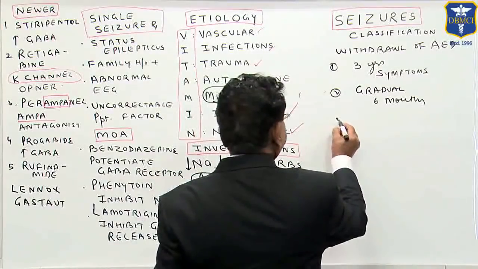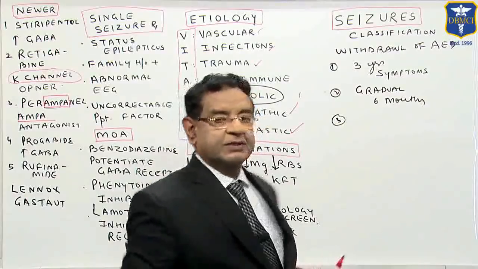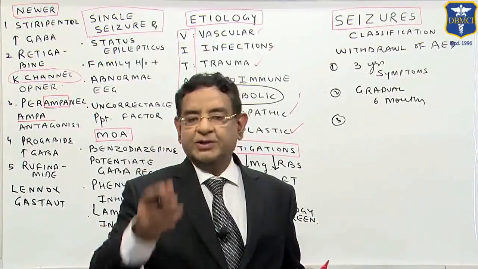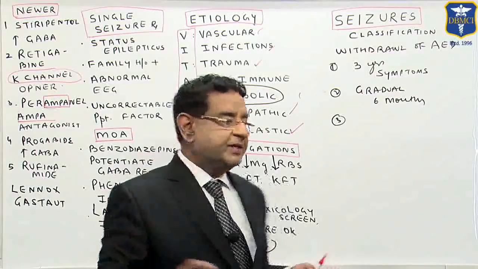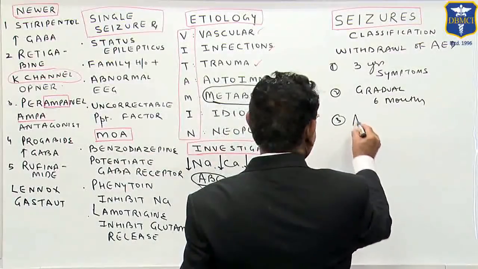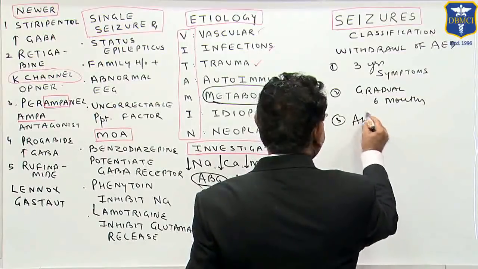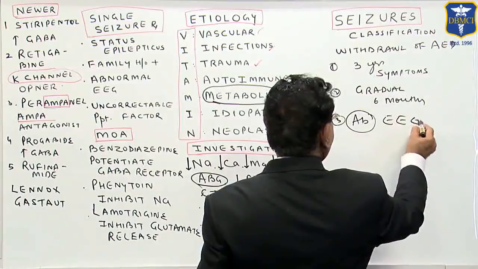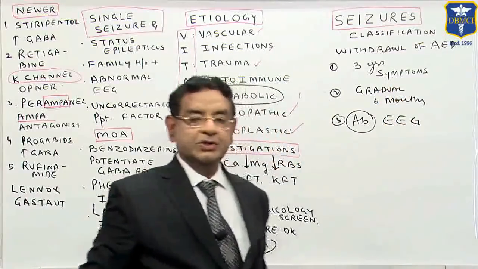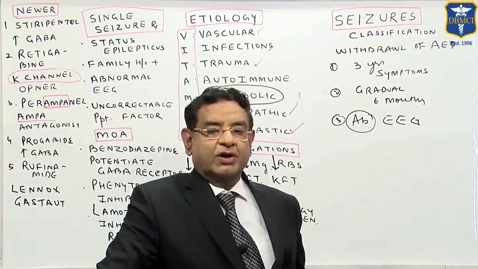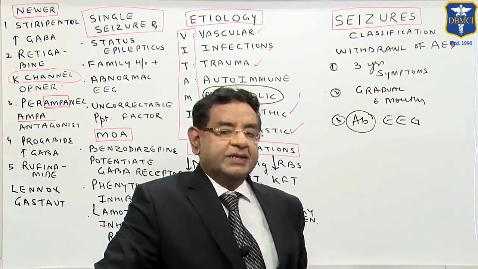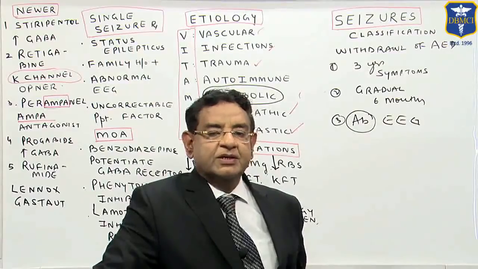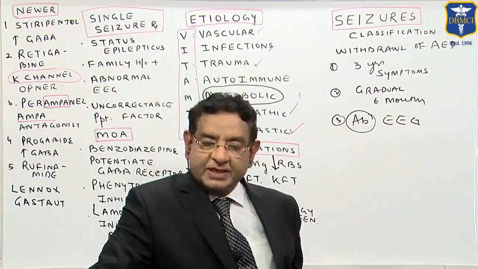Now, suppose at the time of withdrawal you plan and you go for EEG. If the EEG is abnormal, when we are planning to withdraw the drug, should we withdraw the drug or not? Abnormal EEG is not an indication to stop the drug.